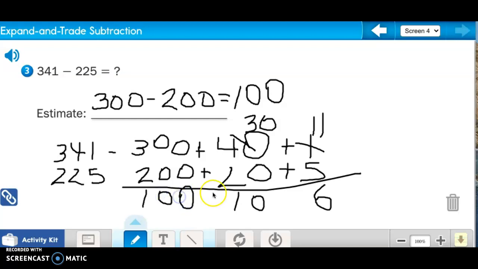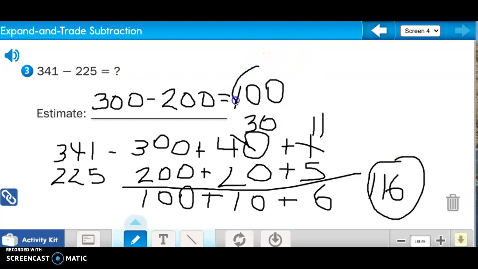So we're going to add all those together. When you do that, it is 116. So our answer, 116, is not too far from 100. So that makes sense. So there we go. That is how you do expand and trade subtraction.